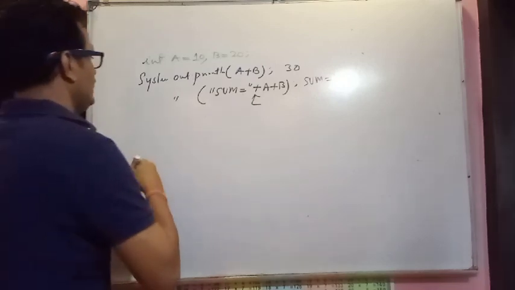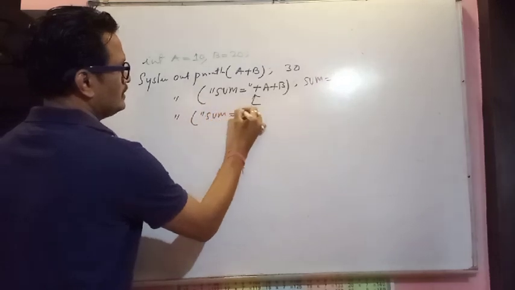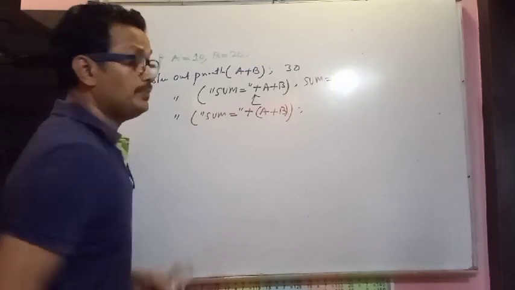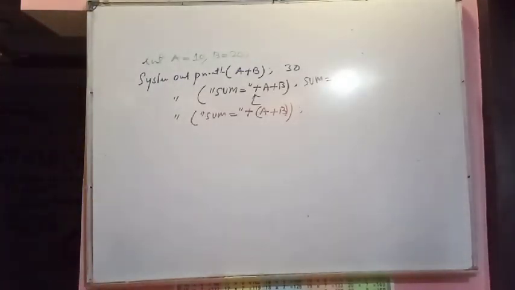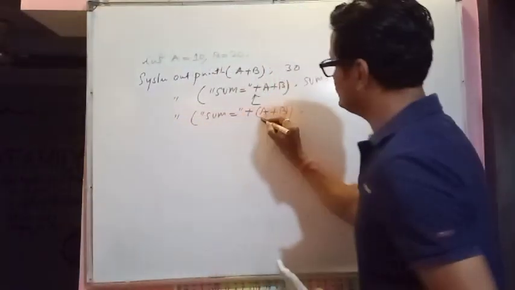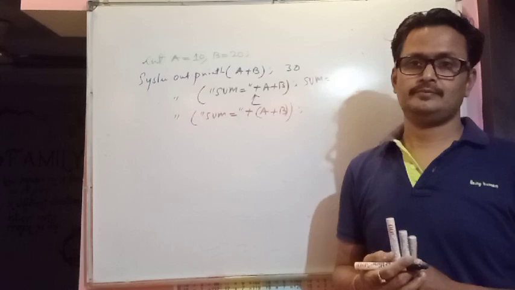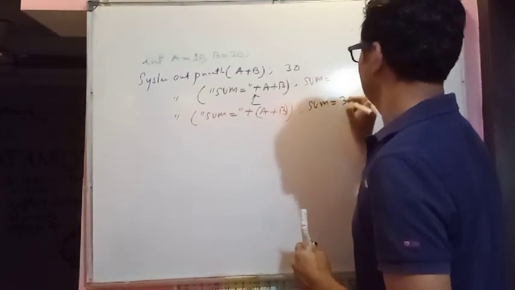But if you write System.out.println("sum = " + (a + b)), when you use brackets, it will work like a calculator. So your answer will be sum = 30.